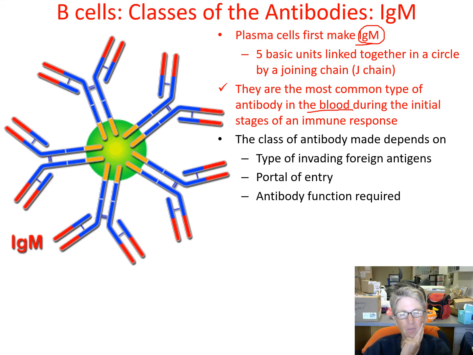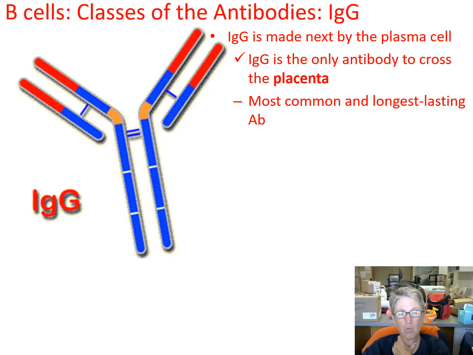The class of antibody made also depends on the type of invading foreign antigens and the portal of entry, which way the invading pathogen with its antigens came in. Your body can know which immunoglobulin to make.